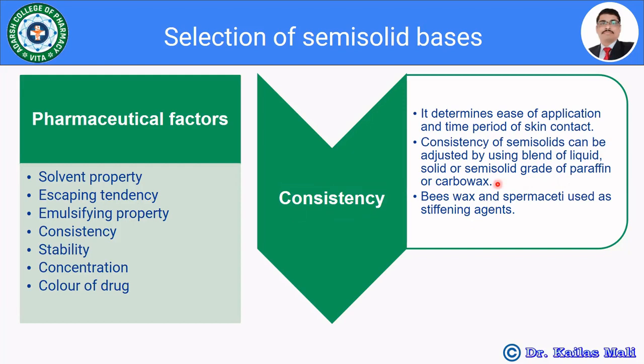If the consistency is very soft, what will happen? It will drain from the skin. Beeswax and spermaceti are used as stiffening agents, that is, hardening agents, for the semi-solid.